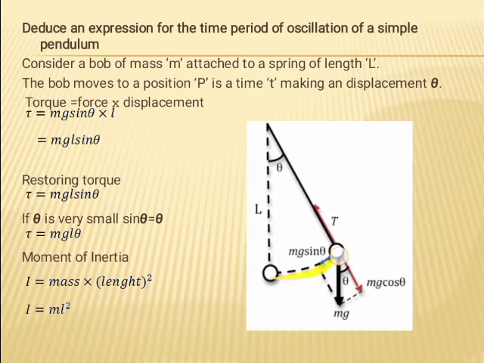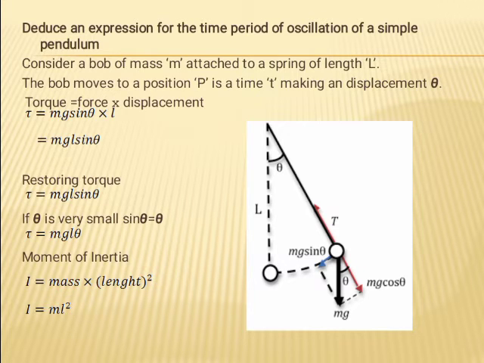So if I consider this pendulum, this object is offering some resistance for the rotatory motion. So that is called moment of inertia. Now, the formula for moment of inertia: I is equal to mass into length the whole square. So finally I can write I is equal to ml square. This is your moment of inertia's formula.